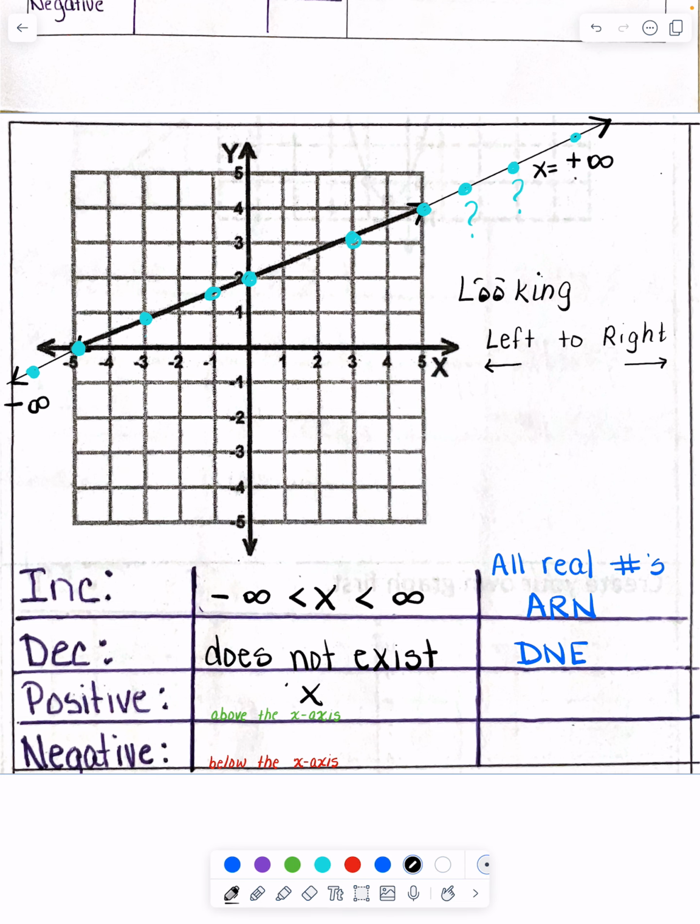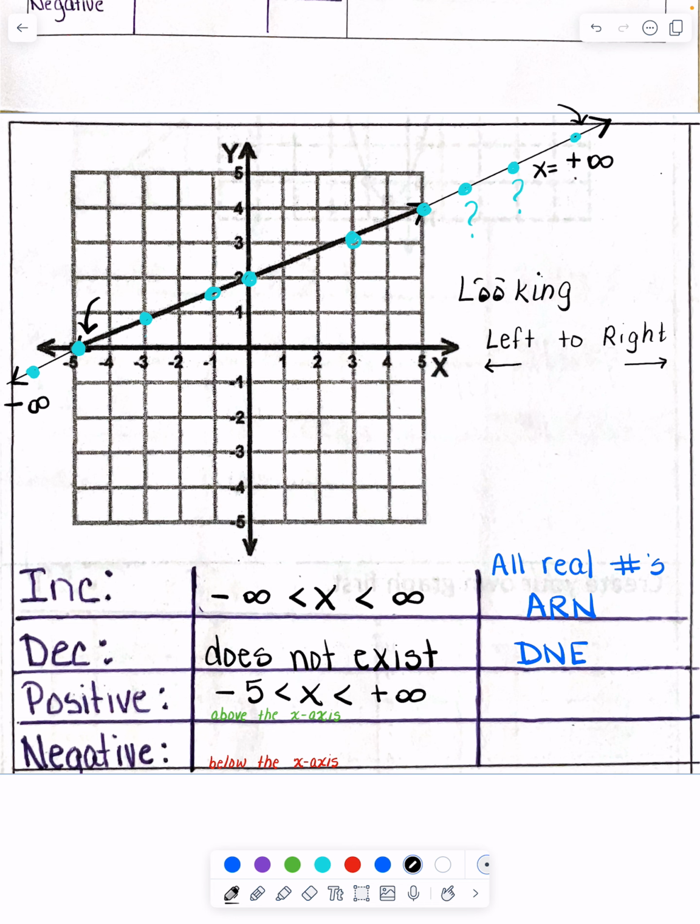Between which two x values was it above the x-axis? Well, it started to be above the x-axis right here, and it was always above the x-axis all the way up here. So the smallest x value would have been negative 5 all the way to positive infinity.